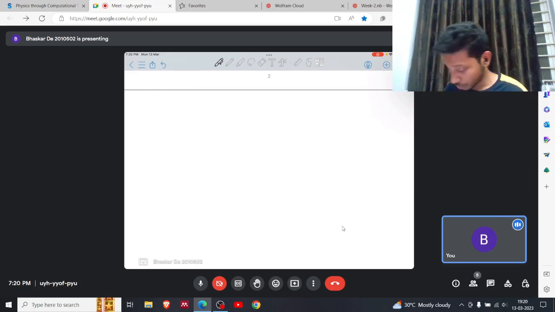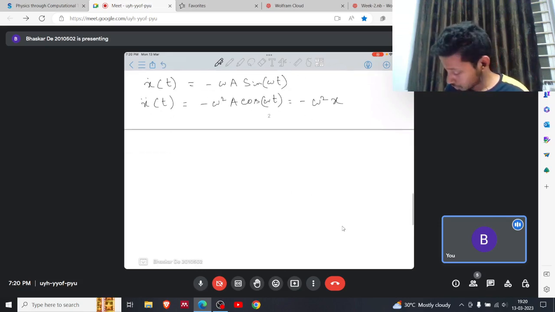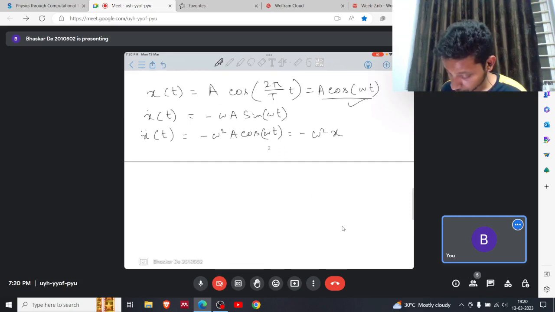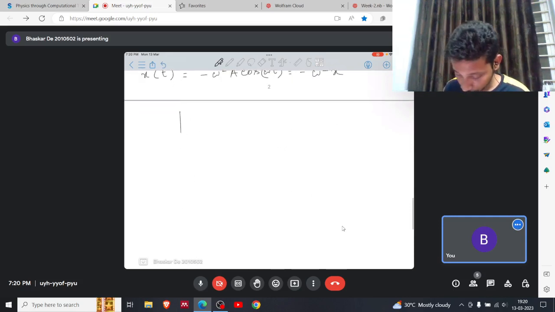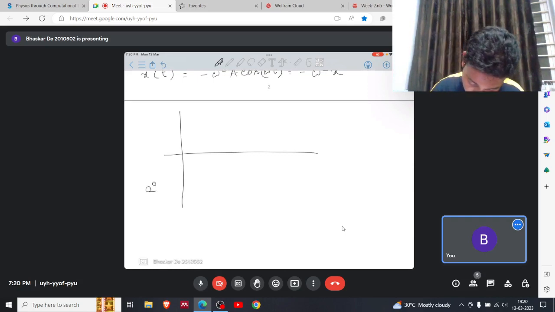Now if we plot this particular equation, then we will see position, 0, plus a, minus a.